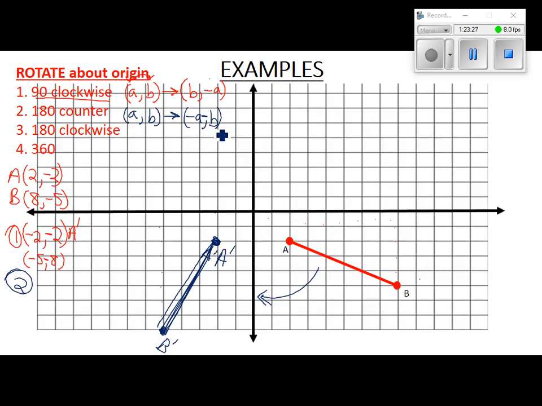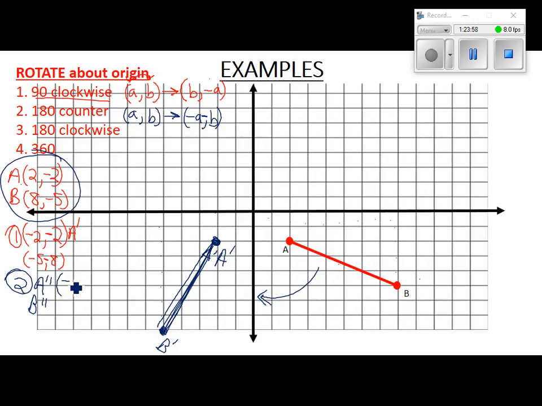So we leave them in the same order, but we take the opposite of both of them. Remember to go back to the original shape. So we're taking the original, the red AB, and we're going 180 degrees counterclockwise. We'll call this one A double prime and B double prime. We're just going to do that to each of these.